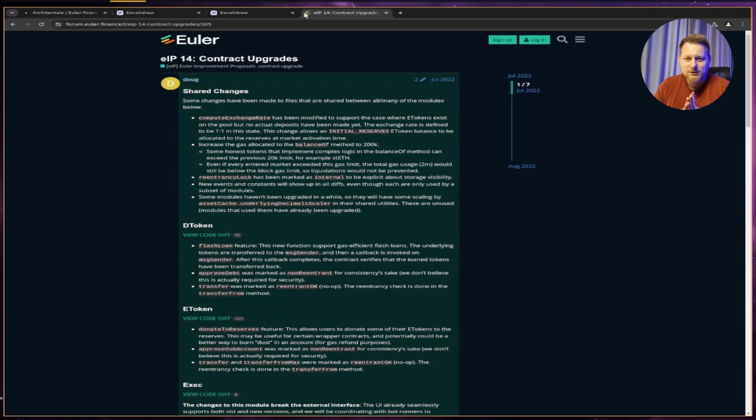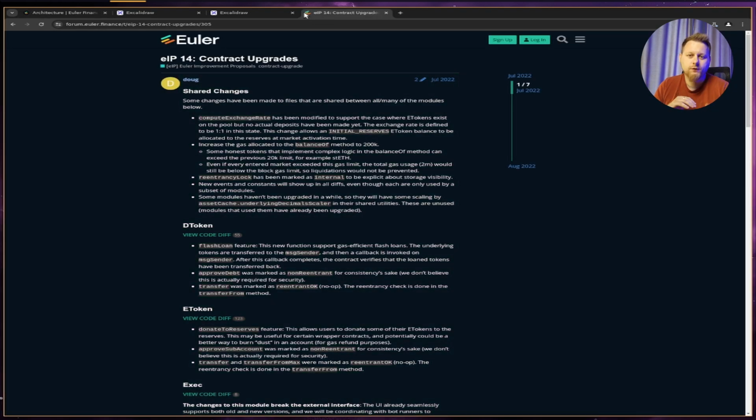And now, having said that, Euler actually introduced a new function called donate reserves, which did not have required checks and allowed anyone to perform such an action that should not be available to anyone.